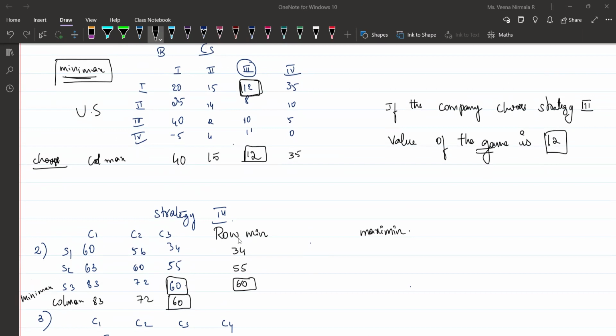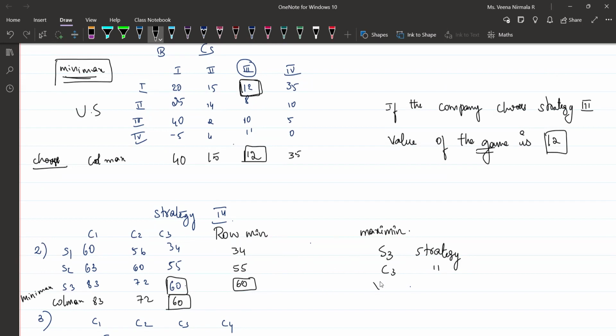So this is how we find the maximin and minimax criteria. According to maximin, if the company chooses the S3 strategy, they will get a good result. And according to minimax, if they choose the C3 strategy, they will get the best result.